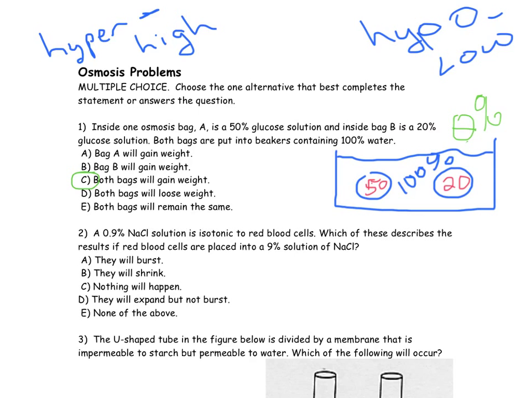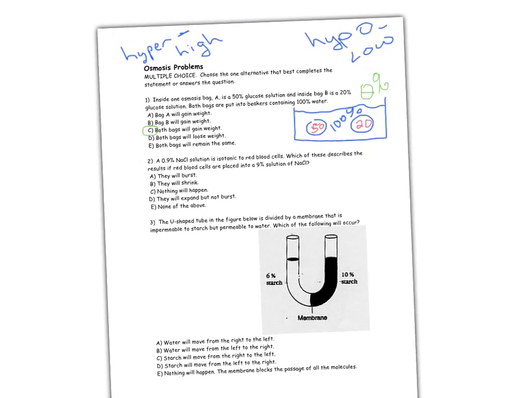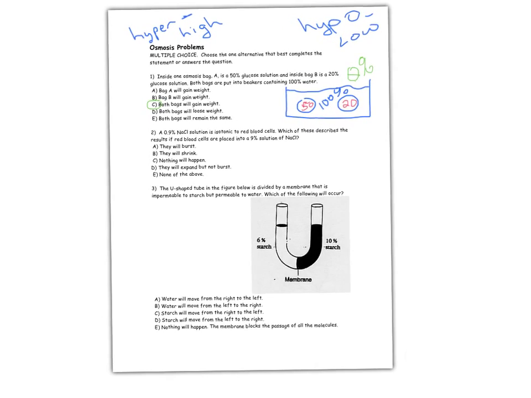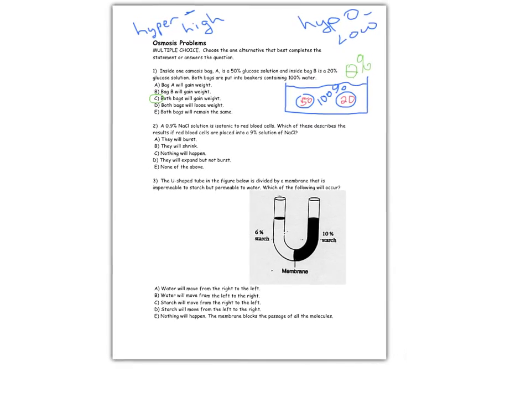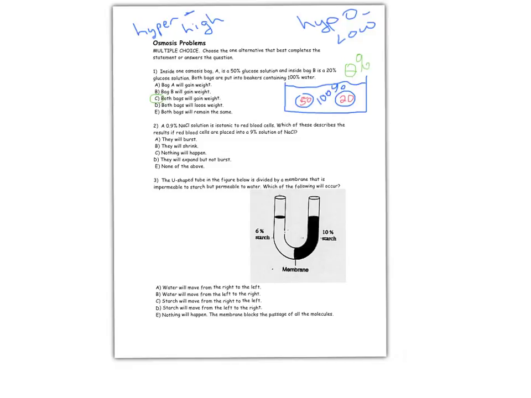The next question is, for number 2, when you have a 0.9% NaCl solution, and it is isotonic to red blood cells.